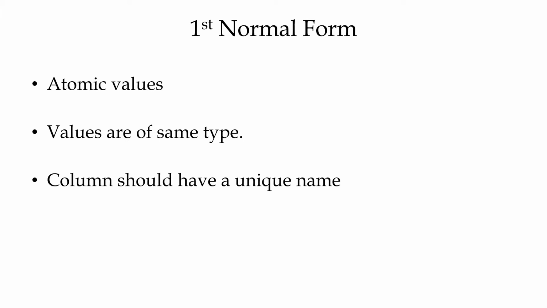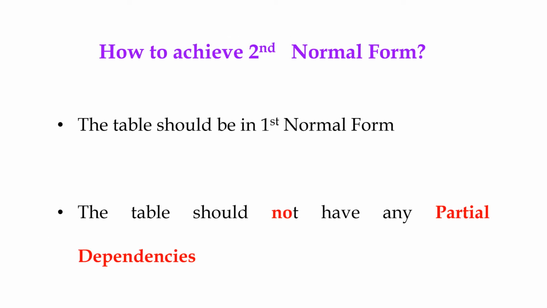Third, all the columns should have unique names, because if there is any duplication in column names, it will result in confusion while retrieving the data. And the data may be in any order. By using SQL queries, we can easily retrieve the data which we want. Already we have seen an example for the first normal form in the previous video.